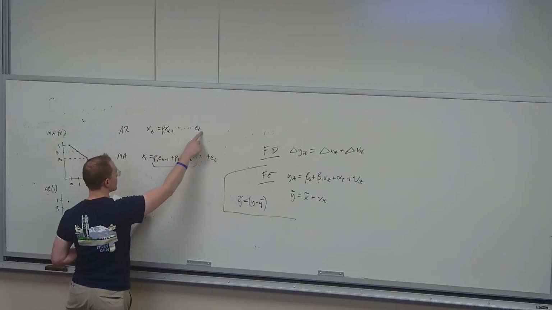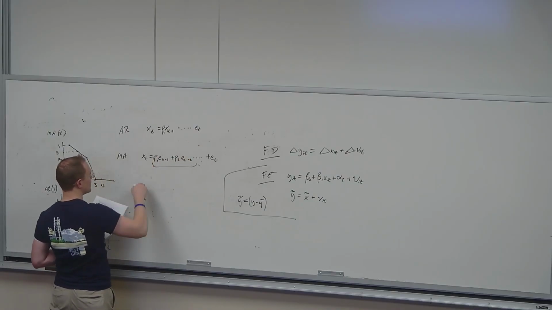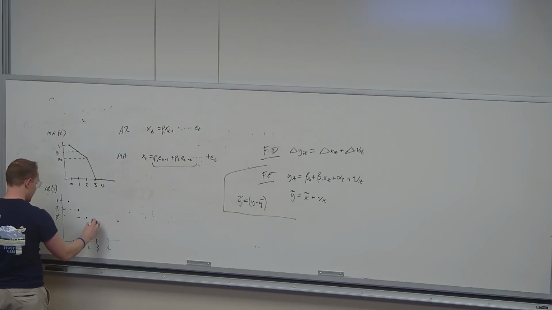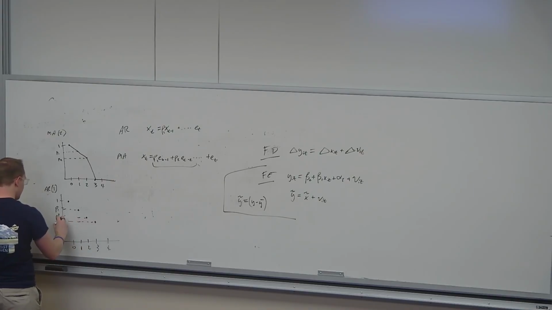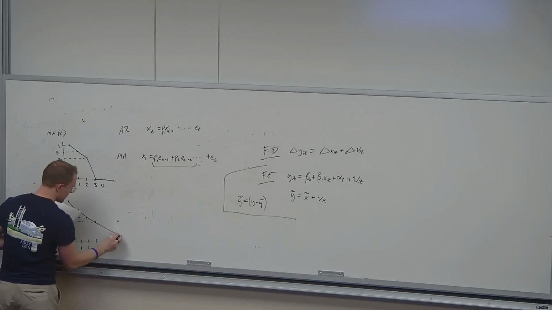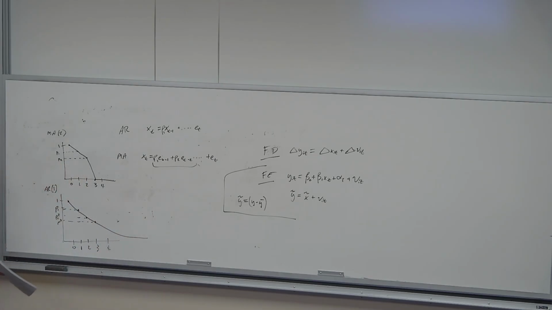So this whole thing is subsumed in xt, every single period. So unlike a moving average, this is going to be rho 1 squared, and then down here you're going to have rho 1 cubed, and that keeps going until you hit 0. That's why if your rho is 1, it's not going to dissipate, because no matter how much you square or cube that thing, or take it to the n power, it's not going to go to 0.